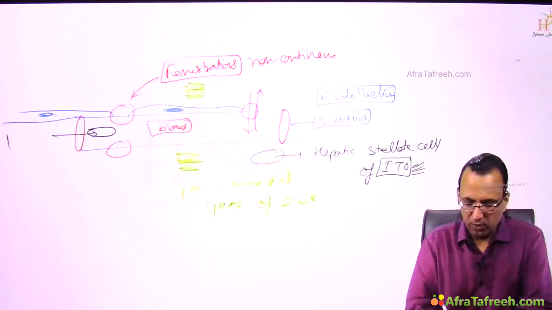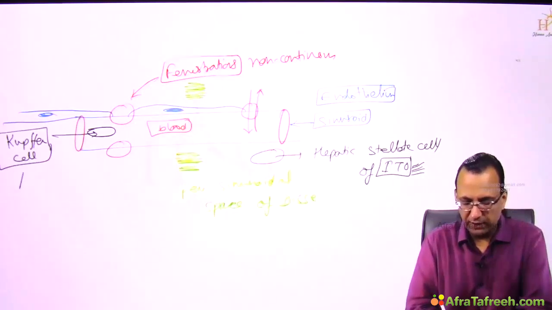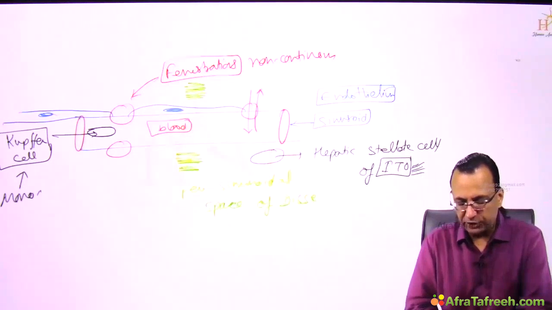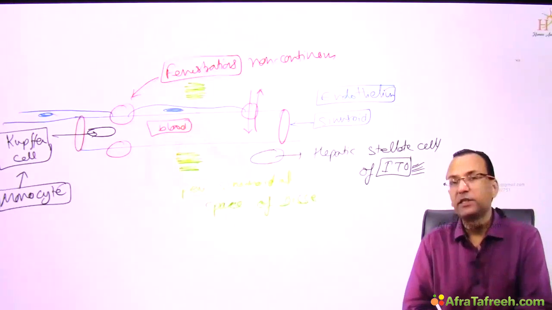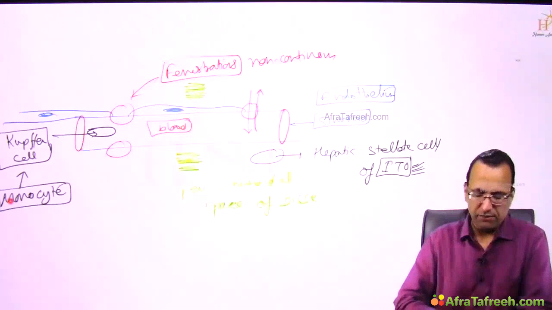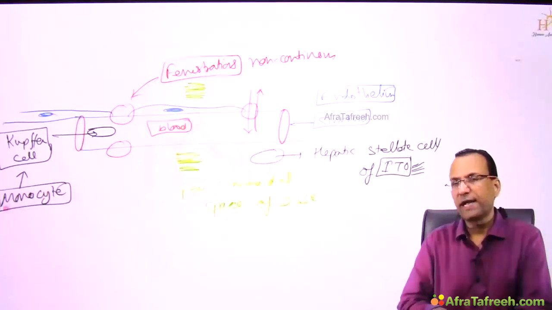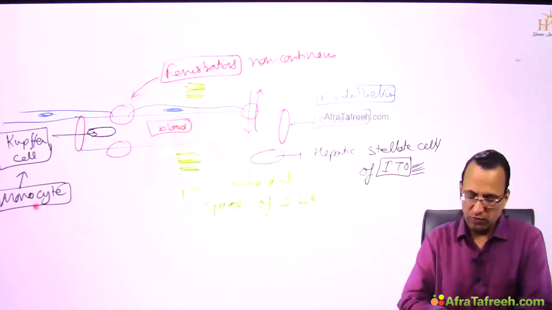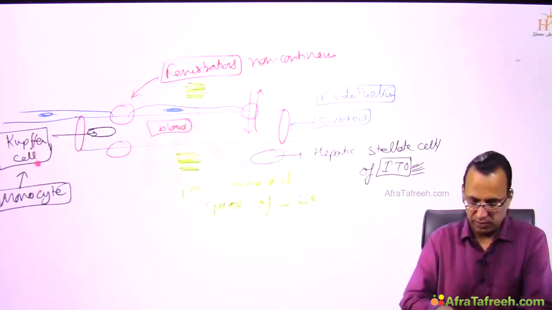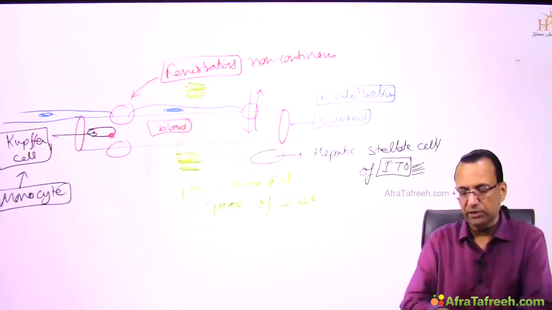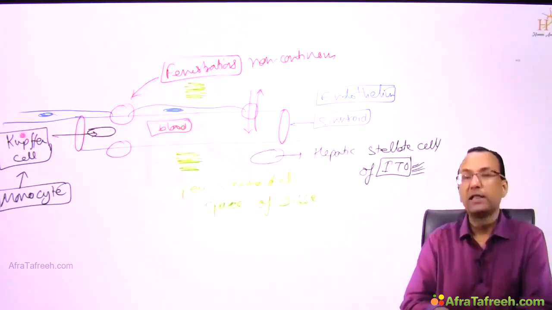And what about the Kupffer cell? The Kupffer cell is actually a monocyte derived lineage. And what is the monocyte derived lineage doing? It is a phagocytic cell. So a monocyte from the bone marrow will travel to the liver to become a Kupffer cell, and it is a phagocytic cell. It will pick up the antigens and kill them.